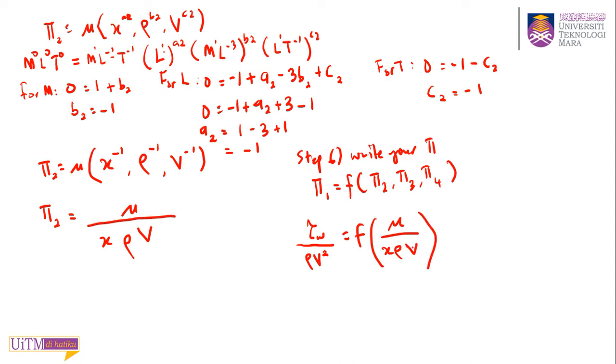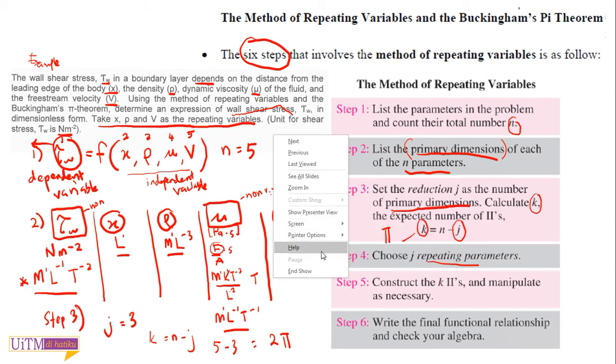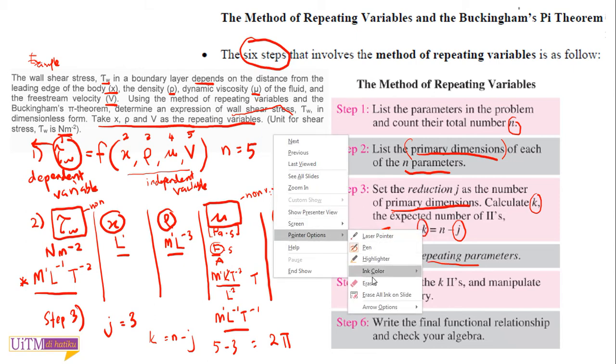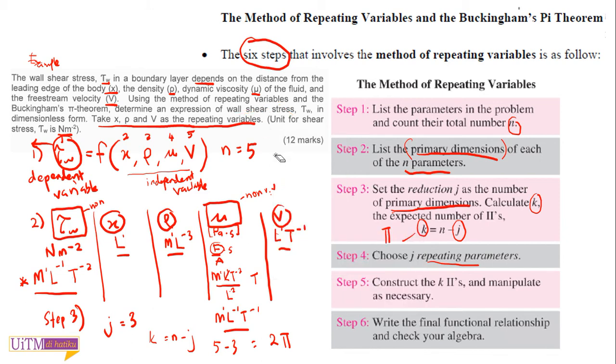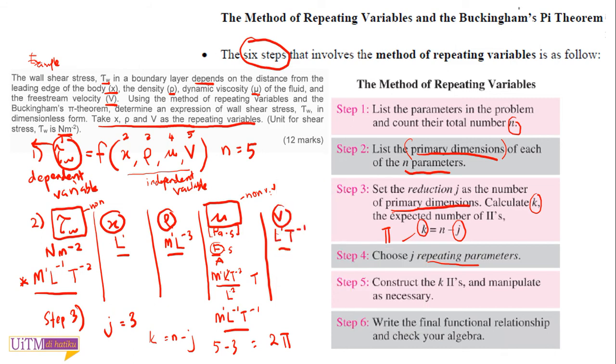So this will be your final pi function, and you can write the equation. The problem asks you to determine an expression of wall shear stress tau.